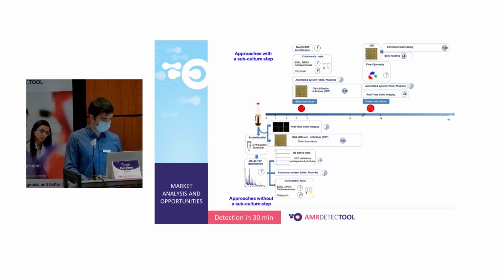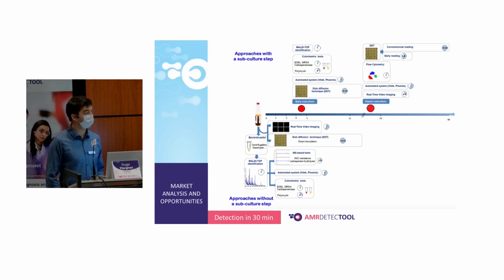In this graph, for example, we can see when the technologies are used, whether directly without the subculture step, or which ones are used from the subculture step. You can see that some of them can be used both without and with a subculture step. And in the end, it's each laboratory that chooses how to work.